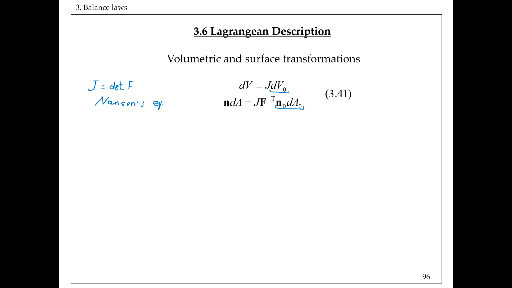So we put 0 here to indicate more specifically that these are the measures in the undeformed configuration. And again, n0 is the normal to that small area element in the undeformed configuration. Orientation can change, also the area itself, the magnitude can change, and the transformation is twofold. So it also includes the determinant of F and the deformation gradient F itself.